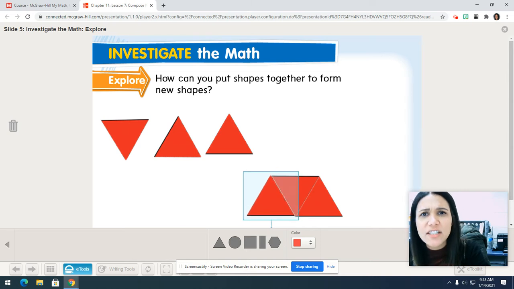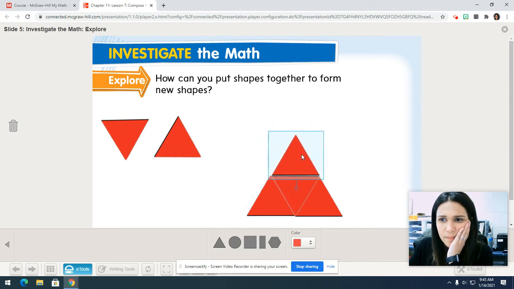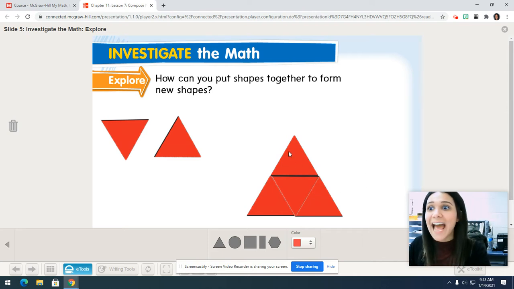How many triangles did I just use? 1, 2, 3. Okay, I used 3 triangles on the bottom. Look what happened. I made one big triangle using 1, 2, 3, 4 small triangles.